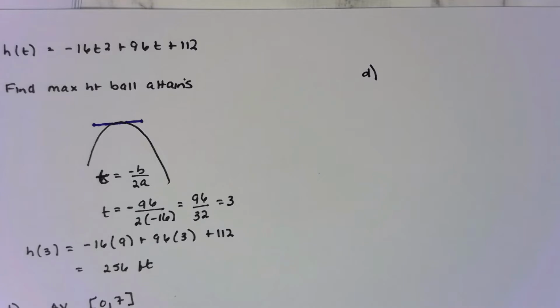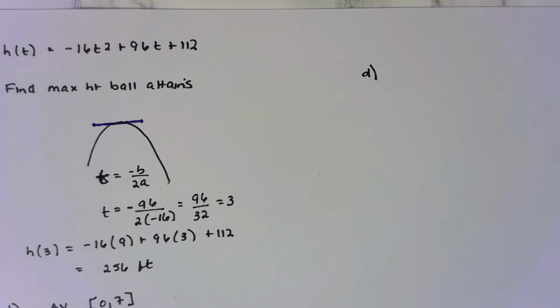A couple of you made the statement that once it hits the ground, the velocity is 0. No, it's not. The velocity is not 0 when the ball hits the ground. When it actually hits the ground, the ball has some velocity to it.